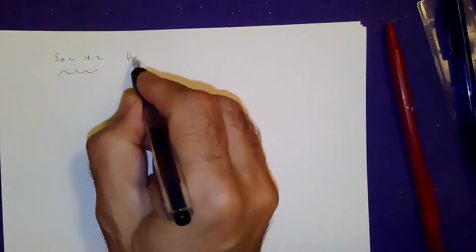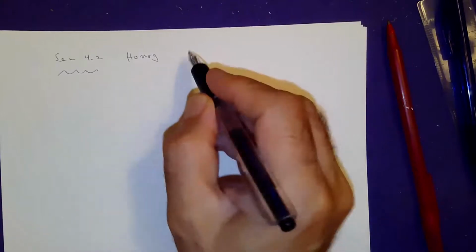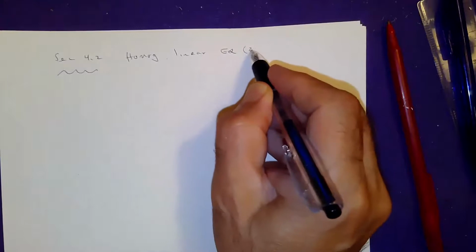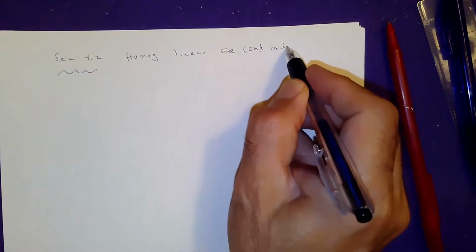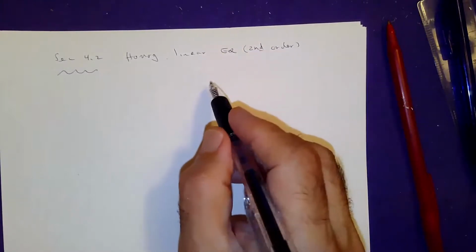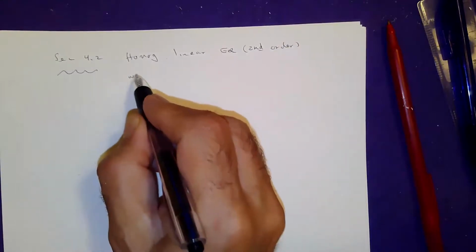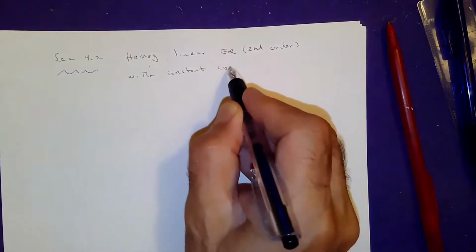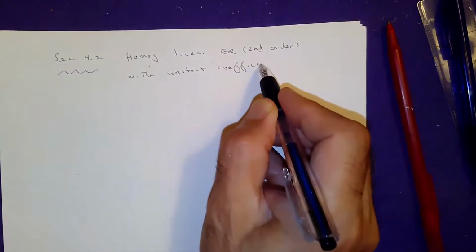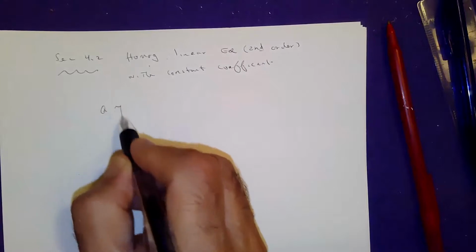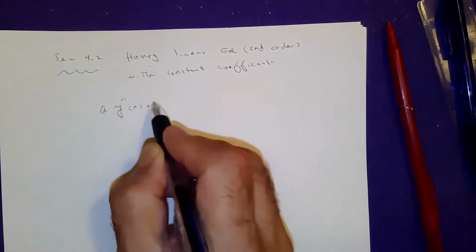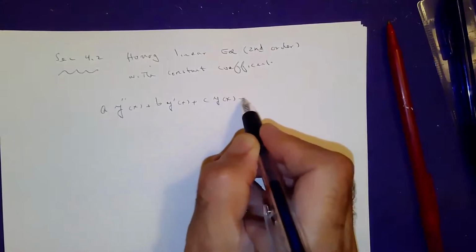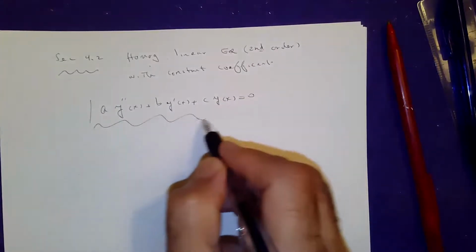It's about homogeneous linear equations, specifically second order, and one more idea, with constant coefficients. In other words, the equations in this particular section are going to look like this.